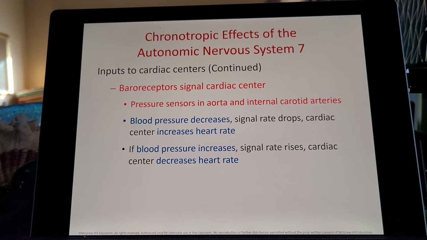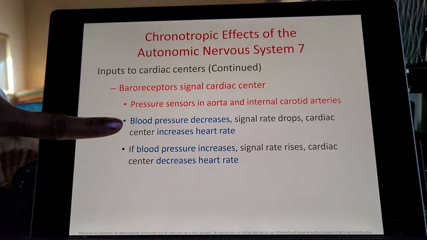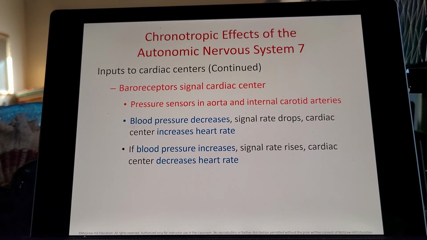Baroreceptors are pressure sensors. They're found in your aorta as well as your internal carotid arteries, going toward your brain. They make sure you have a good enough pressure for nutrient delivery, but not so strong that you would damage blood vessels. This is a negative feedback loop.